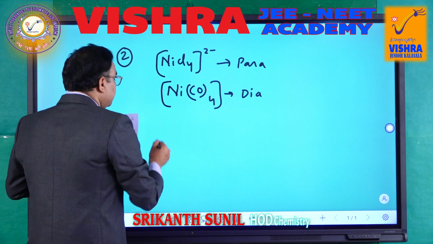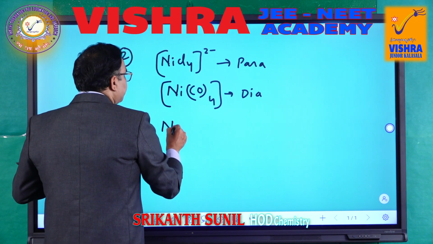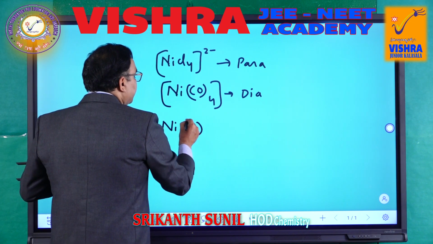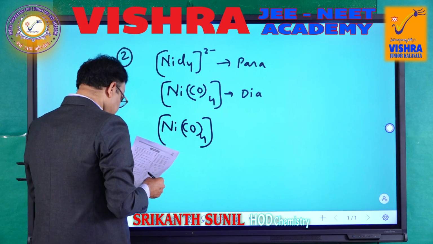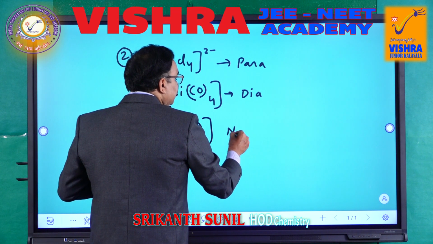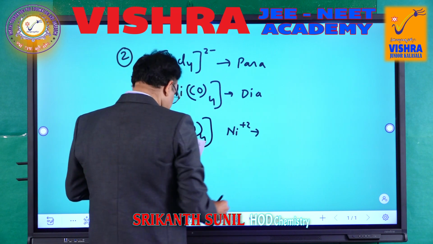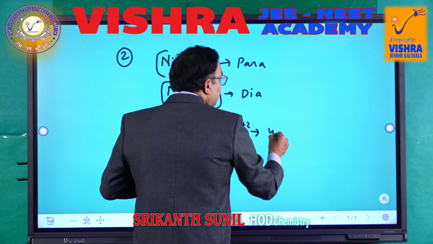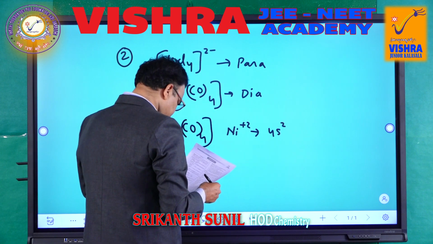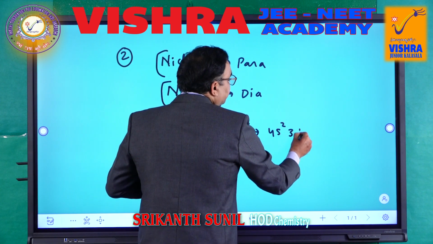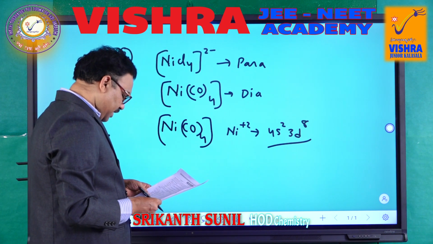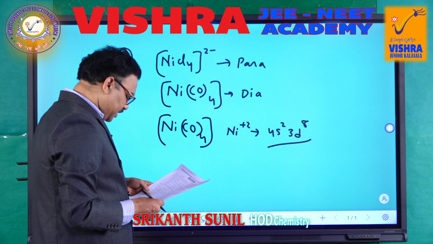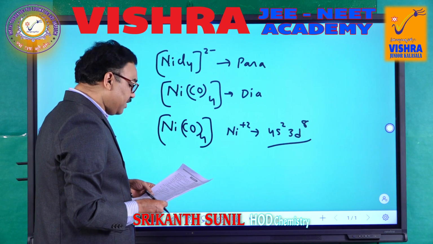So we will go to the two compounds. In NiCl4 2-, nickel is in +2 configuration. This one will have 4s2 3d8 configuration, 3d8, and whenever chlorine is there, there is no pairing up.